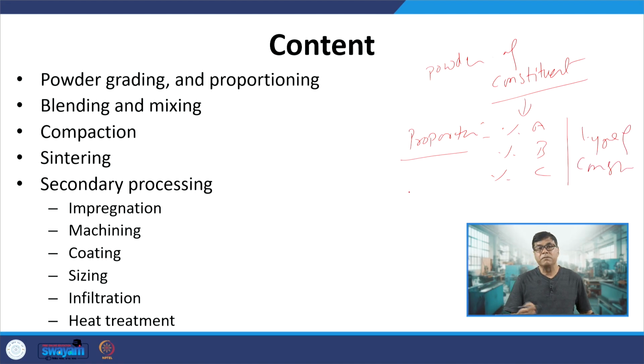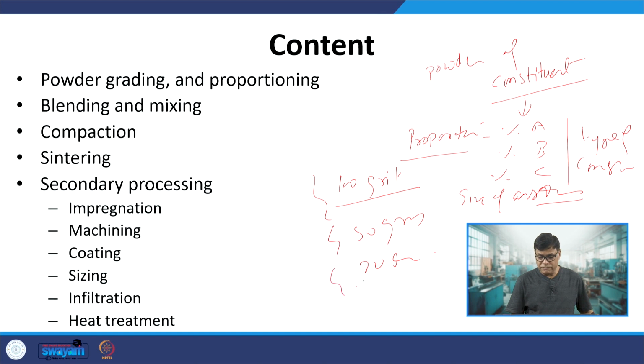Proportioning we also do for the size of constituents. Like the 100 grit size, 50 grit size or 20 grit size, the proportions of the different grit sizes, say 20 grit size 40%, then 30% and 30%. So, the powders of the different sizes are also identified with regard to their proportions.